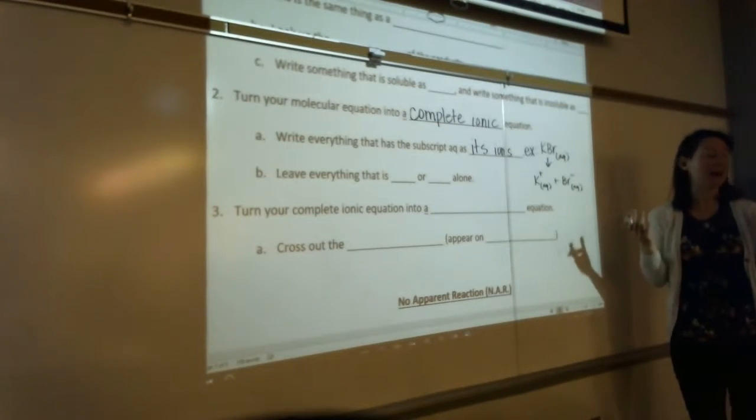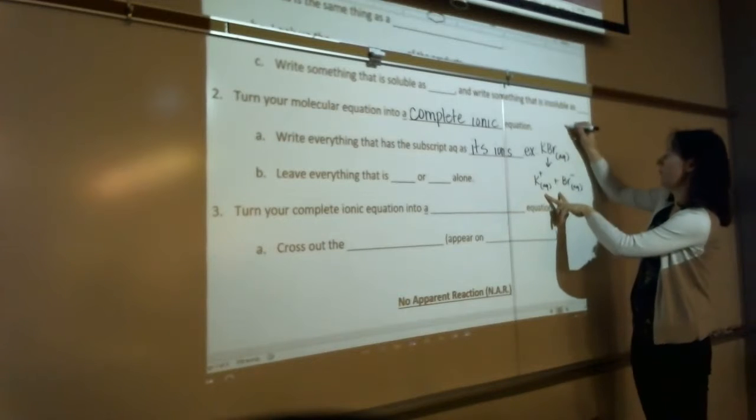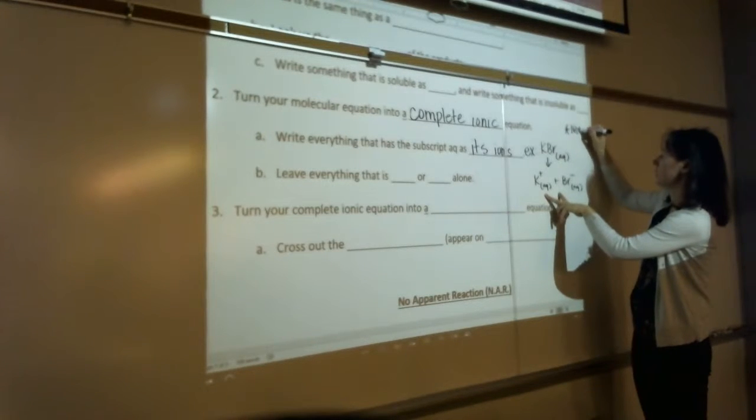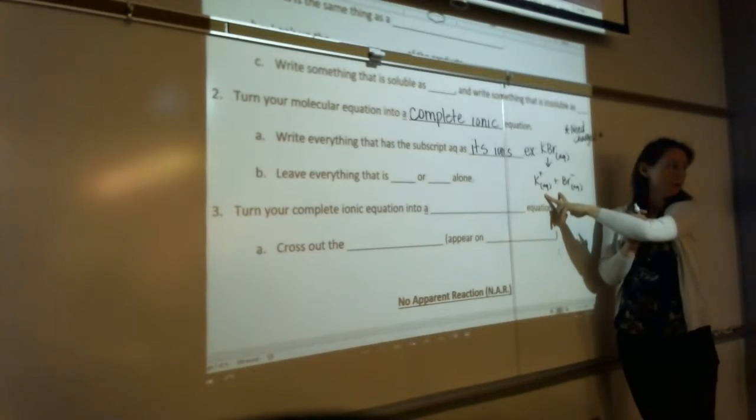You're breaking it back up into its ions. So that means you need charges. You must have charges.